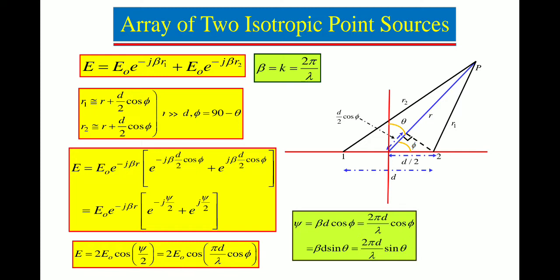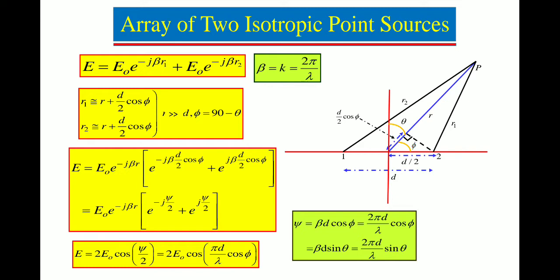From this we can give the electric field E equal to E0 e raised to minus j beta r into e raised to minus j beta d by 2 cos phi plus e raised to j beta d by 2 cos phi. That we can write as E0 e raised to minus j beta r into e raised to minus j psi by 2 plus e raised to j psi by 2.